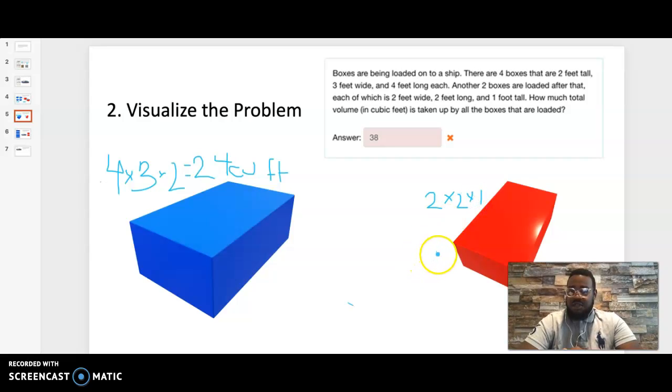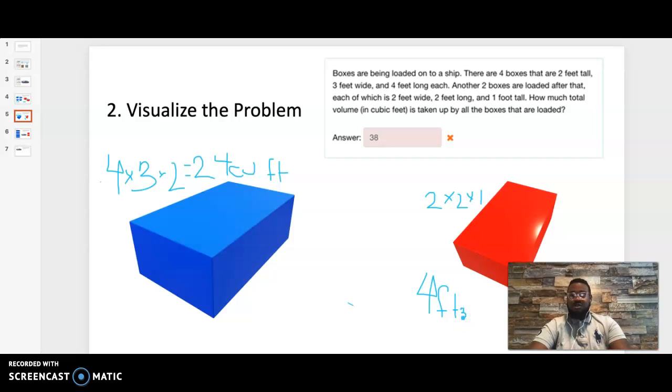So this box is 4 feet cubed. All right, awesome. So now we know the volume of 2 boxes. One box is the 4 by 3 by 2, that's 24 feet cubed, and one box, the red box, is 4 feet cubed. But that still isn't the end.